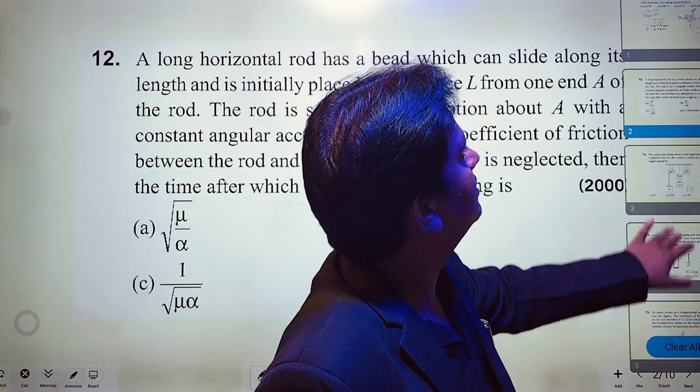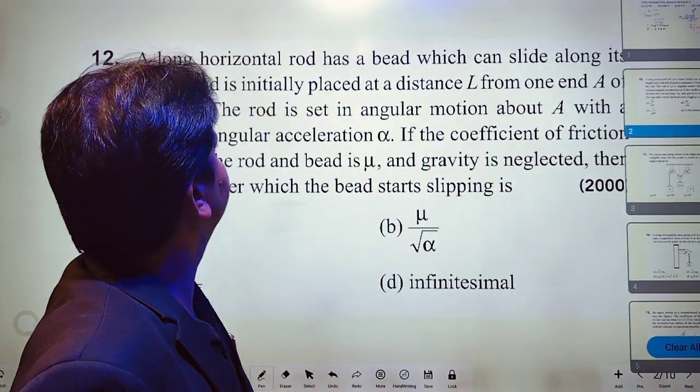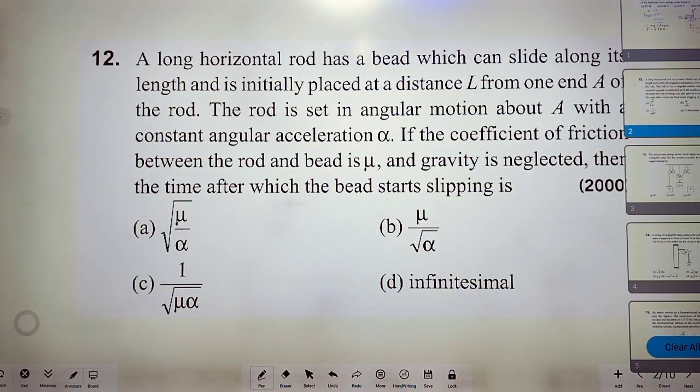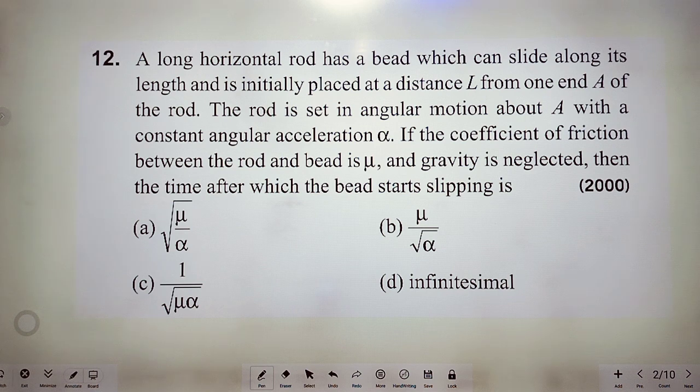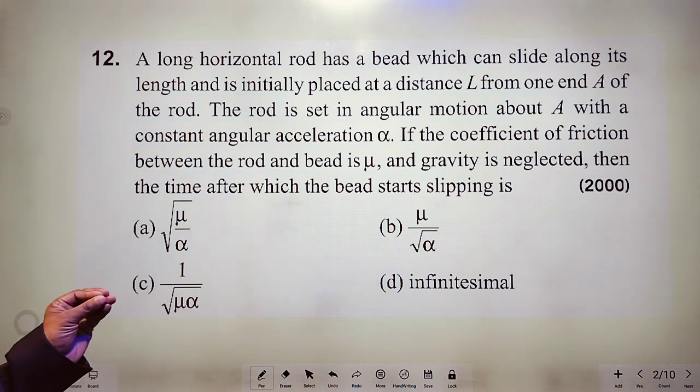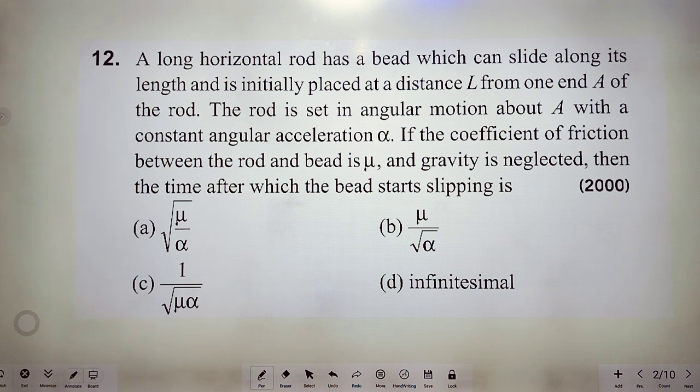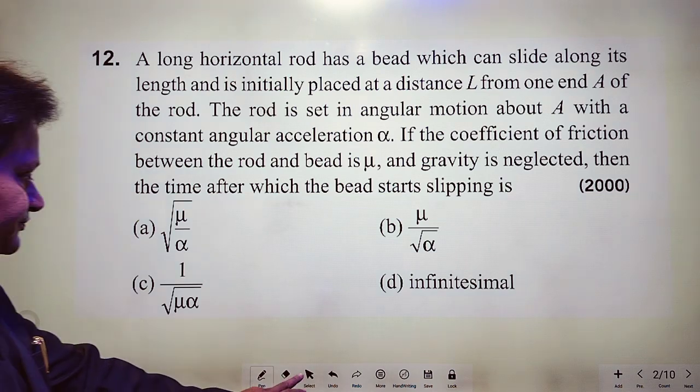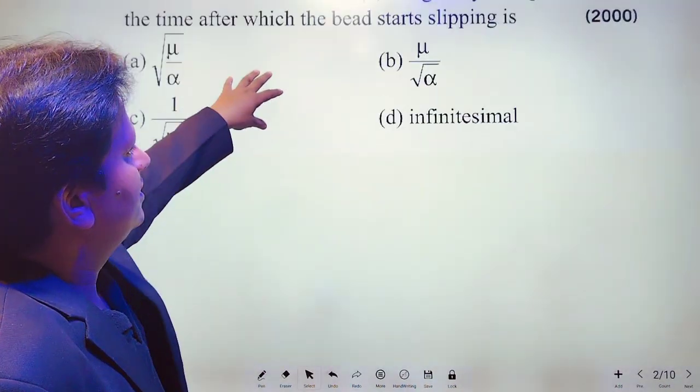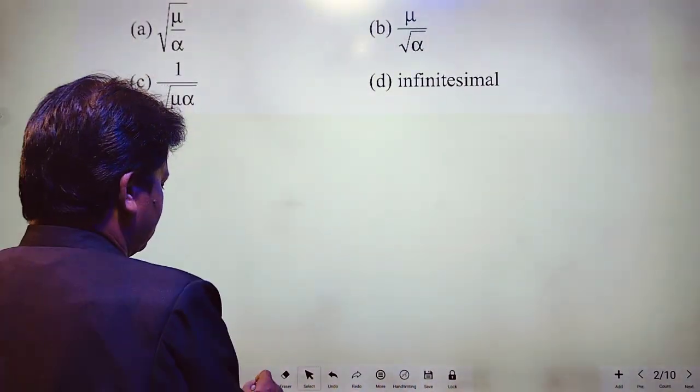Question number 12. A long horizontal rod has a bead which can slide along its length and is initially placed at a distance L from one end A of the rod. Here the situation is like this.